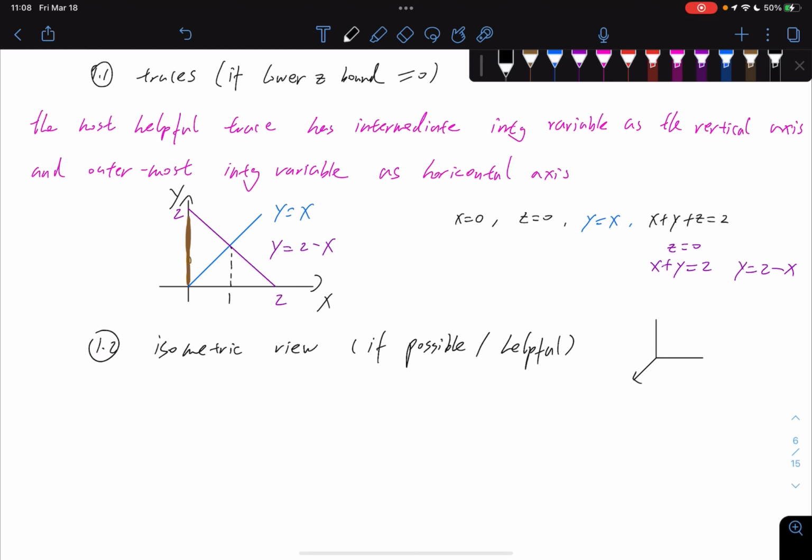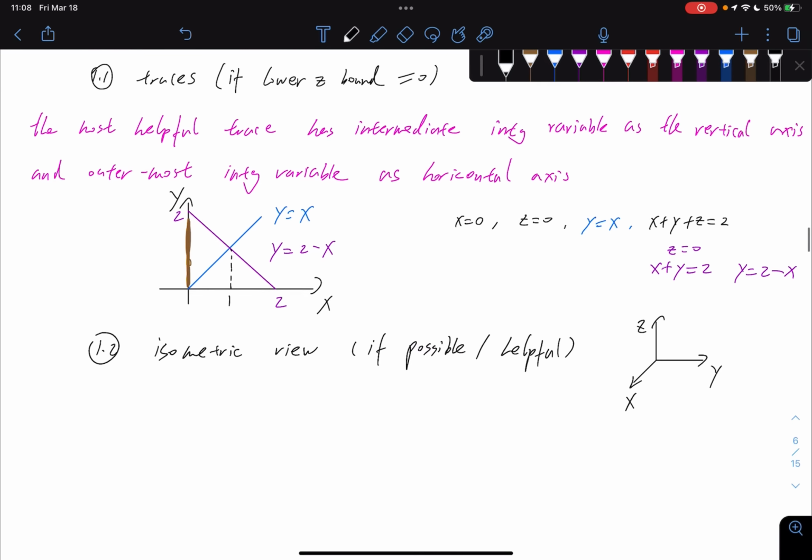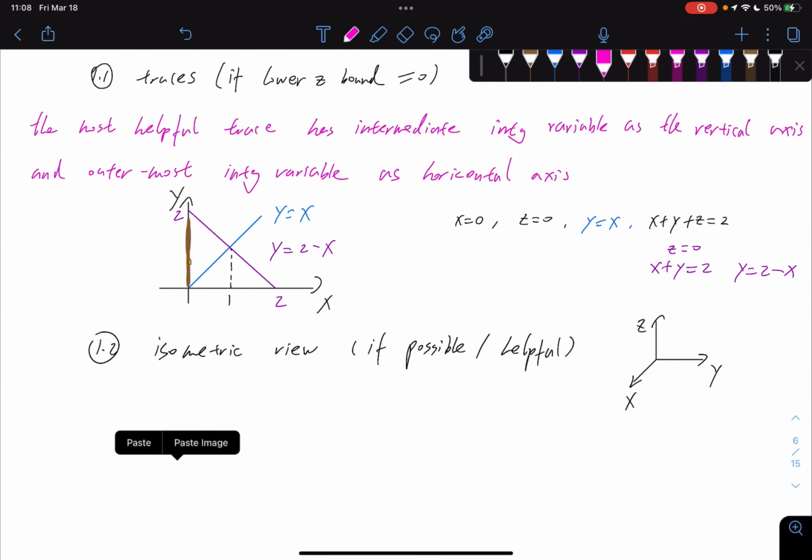I'm pretty sure your professor has drawn something like this. So x, y, and z. So intercepts, right? We can use the concept of intercepts that you learned earlier in our course to help us draw the isometric view.